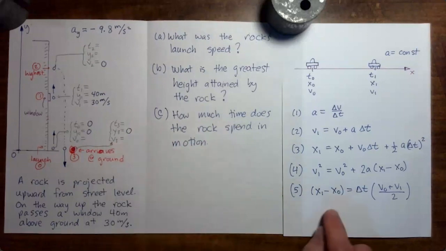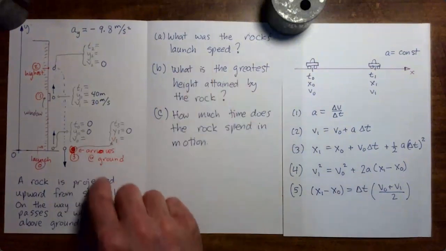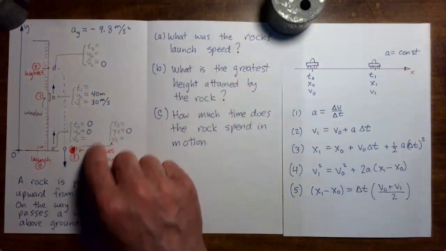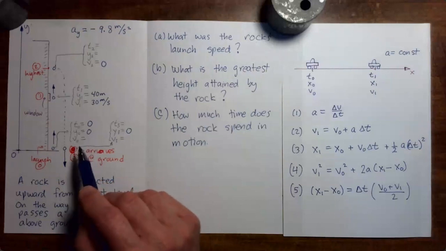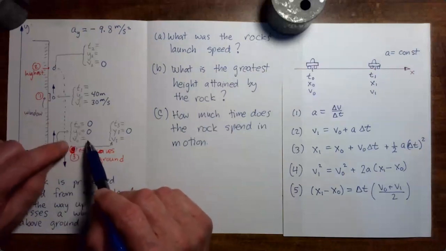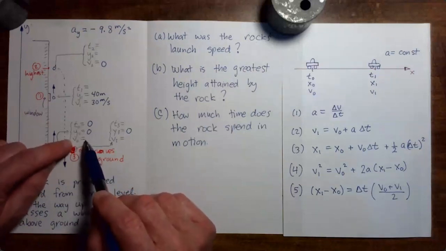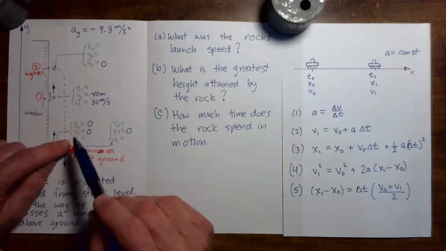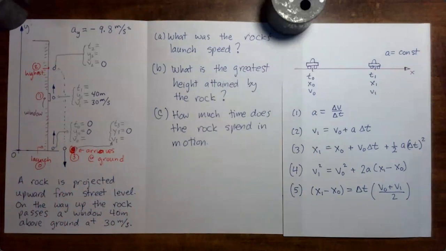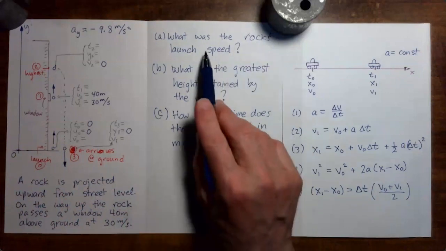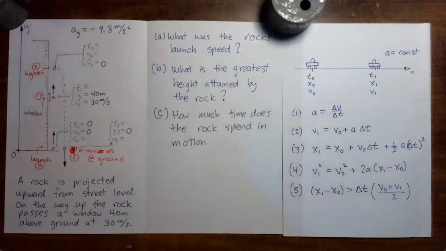So we can use these constant acceleration equations to connect any moment to any other moment. We know for part A that we want to use moment 0 because we're looking for velocity 0. So you can ask yourselves, which other moment should we connect to moment 0 in order to get this launch velocity? Now here you can pause the video and maybe even try and solve part A on your own before rejoining the video.